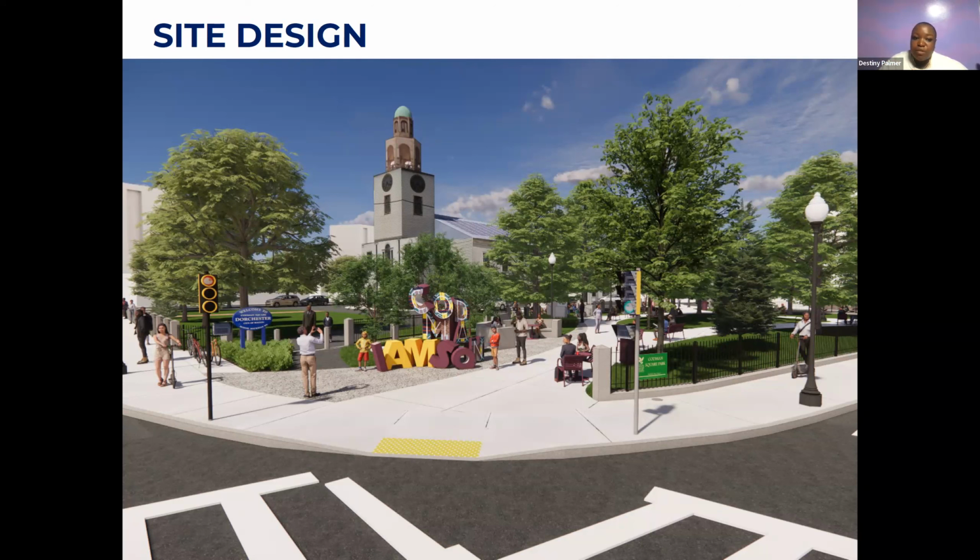I'm also starting to envision what a bench along the back side of it might look like. But really, where the design is now is really taking into consideration a lot of what folks have shared, which was the playfulness, creating a really staple, colorful monument that really does draw the eye.